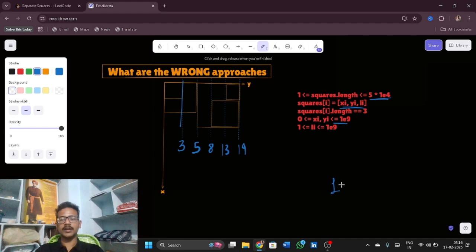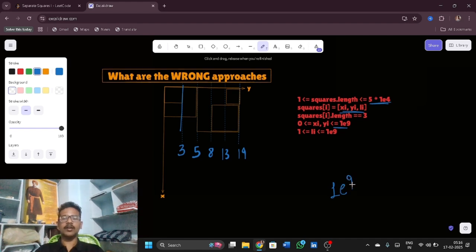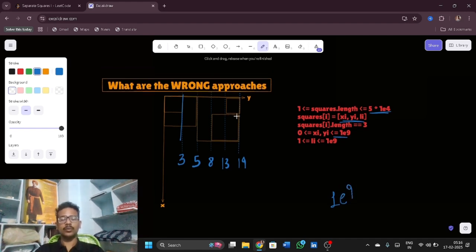That means 1e9, and I also have to store the last side plus 1.